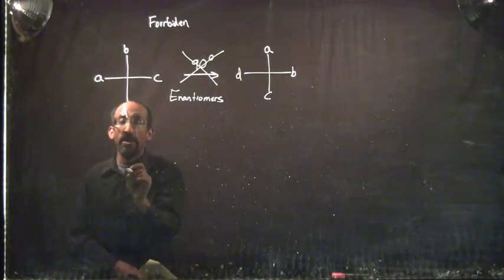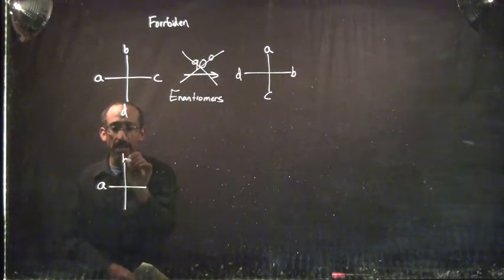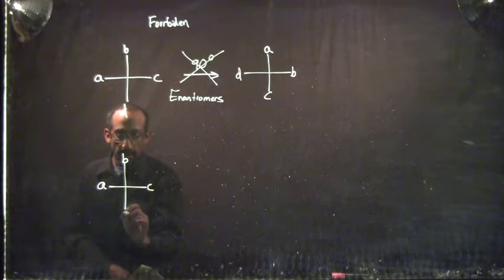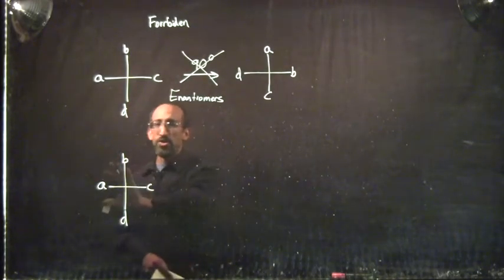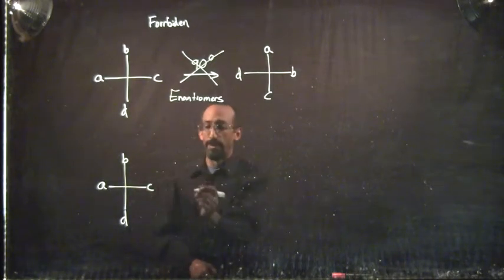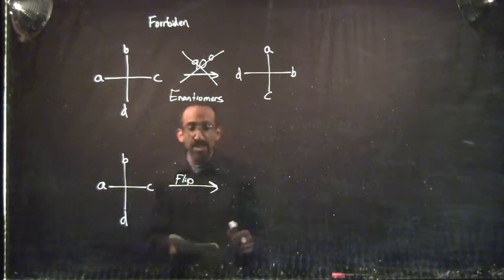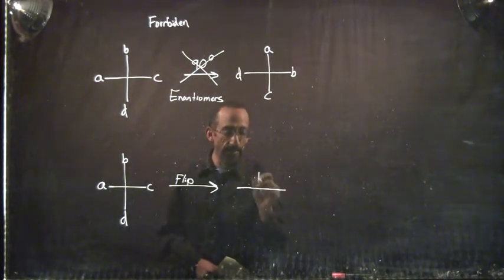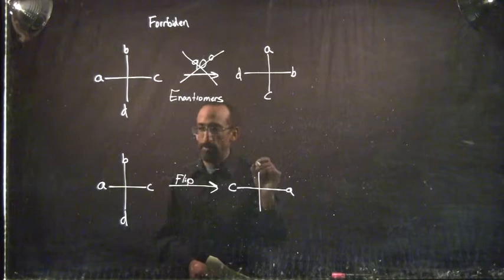The other forbidden operation, again beginning from this same hypothetical Fischer projection, is if we do a flip, a pancake flip. So we're going to call this the flip operation. And what we see is that our Fischer projection is going to create a mirror image when we do this flip.